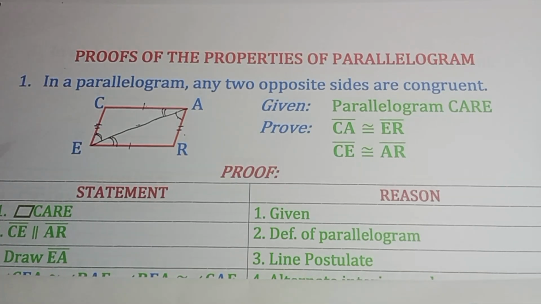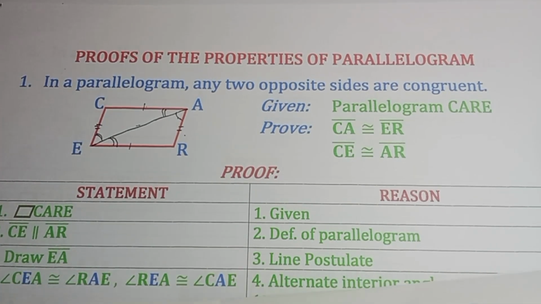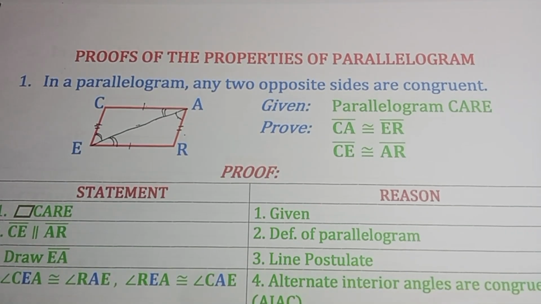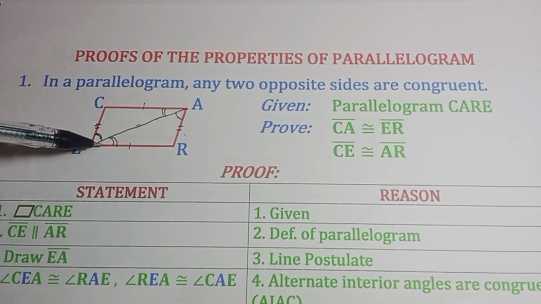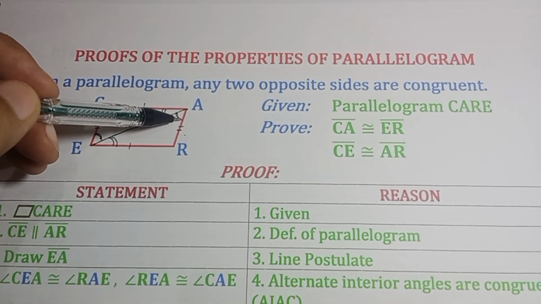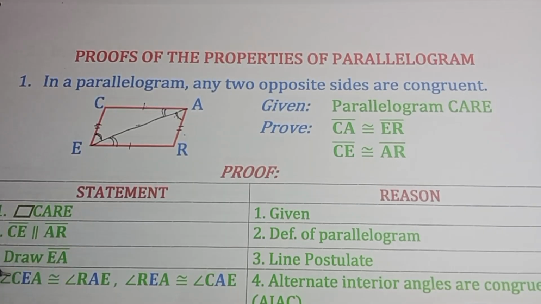So we can have this statement. Look at this. Angle CEA, this angle, is congruent to angle RAE, this angle. Okay, so we have this statement.